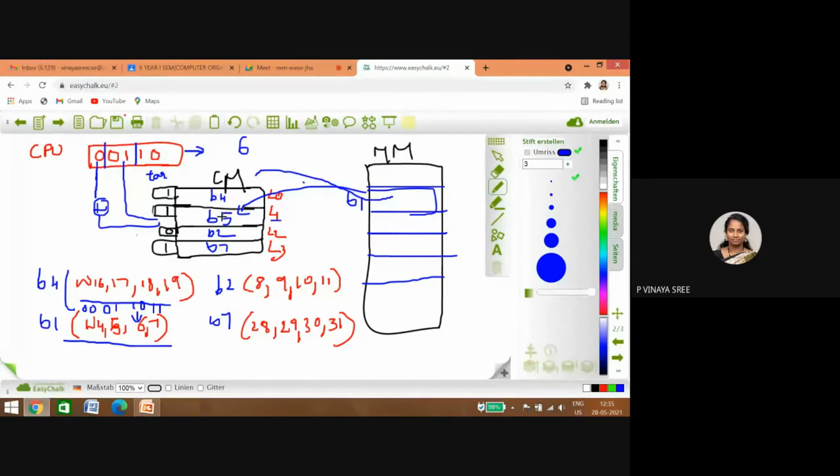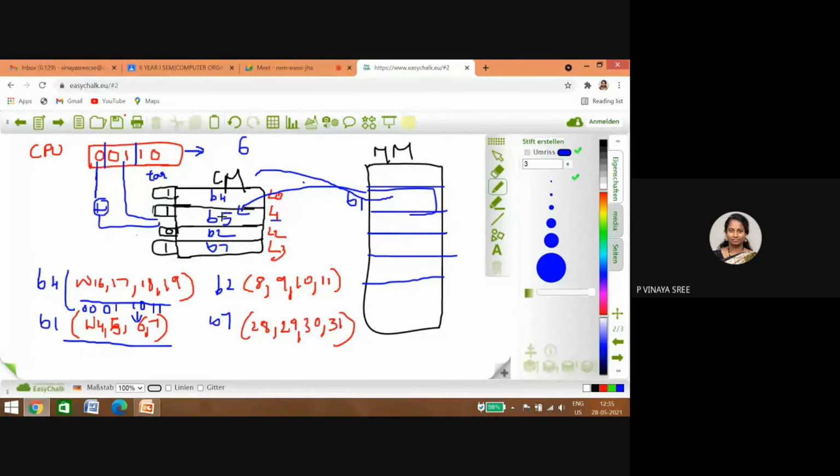So in this way, in direct mapping, it goes directly to a particular line and then checks with the tag. If the tag is matching after comparison, it is said to be a cache hit. If it is not matching, it is said to be a cache miss. In such a case, we need to combine this tag and line to find out the block number.